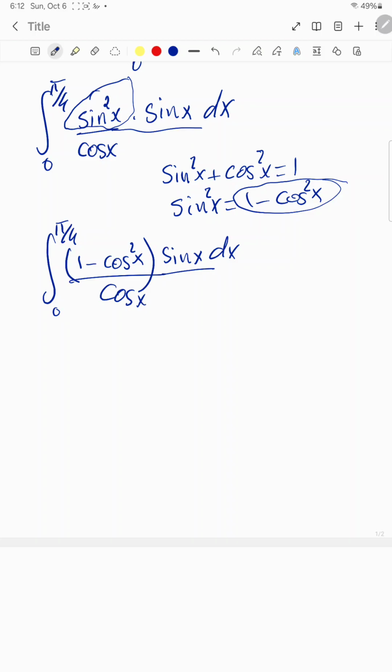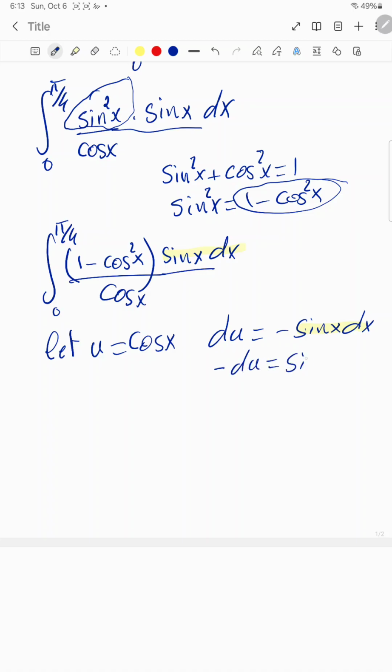Okay? Now I can say let u equal cosine of x. So my du is equal to minus sine of x dx. And if I look at my integral, I have sine of x dx. Here I have minus sine of x dx for my du. So all I have to do is minus du is equal to sine x dx.